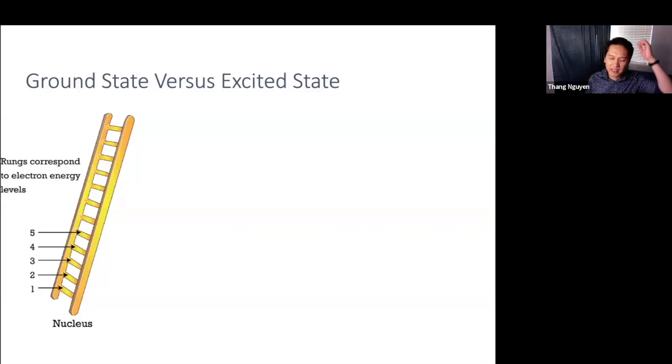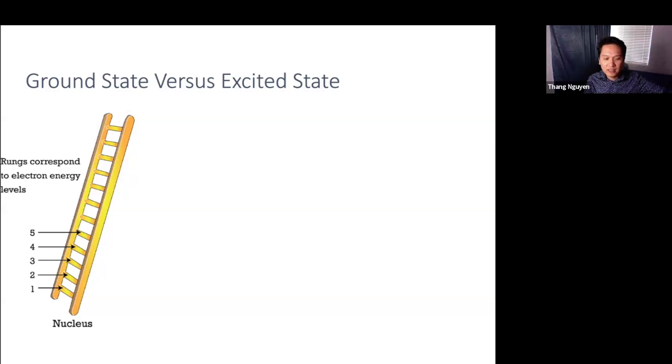All right, so let's go back and see how this idea explains the electrons and where they reside. Come back to the idea that electrons reside in what is known as a ground state, right? All electrons are in a state that they're pretty happy in. And remember, these states are quantized, so they have rungs in the ladder.